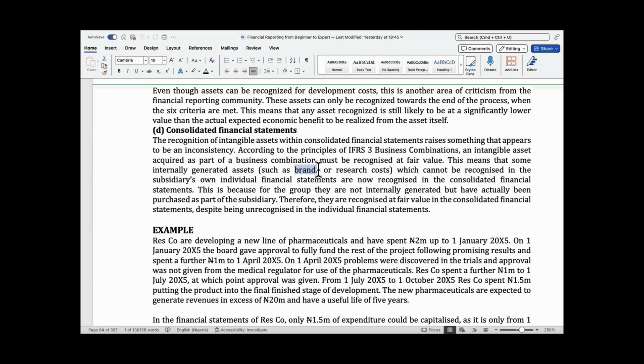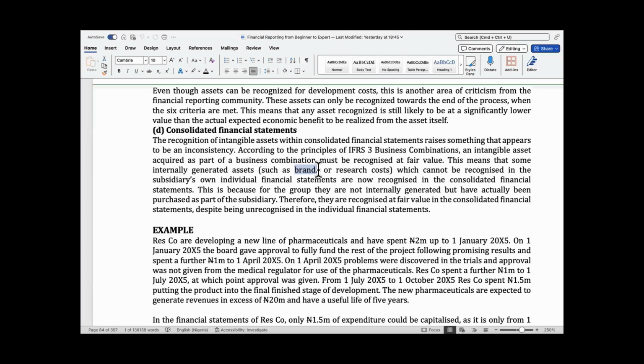And you should have done some of them in group accounts. So there are certain intangibles that are only recognized in the consolidated financial statements. So it's controversial, seriously. That's a matter of consistency.